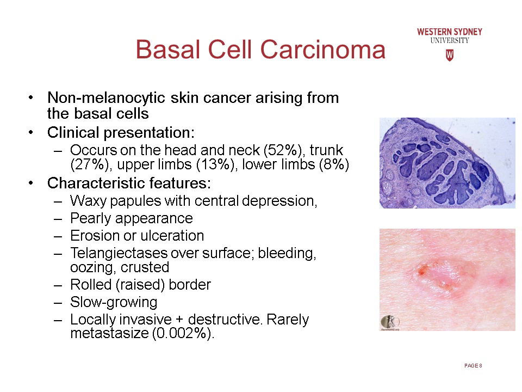Characteristically in appearance, it can have waxy papules with a central depression. It is usually pearly in appearance. There's usually erosion or ulceration, which is often central and pigmented. There are telangiectasias over the surface, which can lead to bleeding, particularly when traumatized.